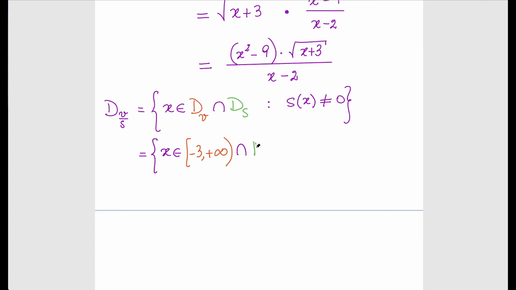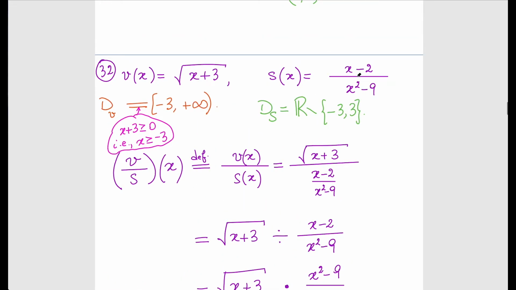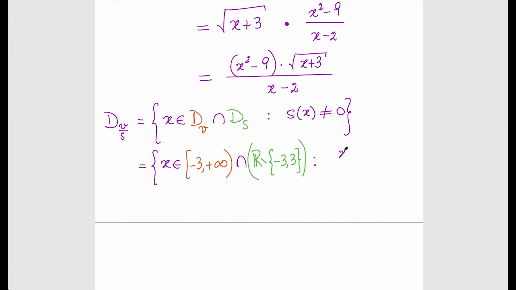Those are all real numbers except -3 and 3, correct? You agree with this? Such that s of x should not be 0. And what's s of x? It's the quotient x minus 2 over x squared minus 9. So x minus 2 over x squared minus 9 should not be 0.